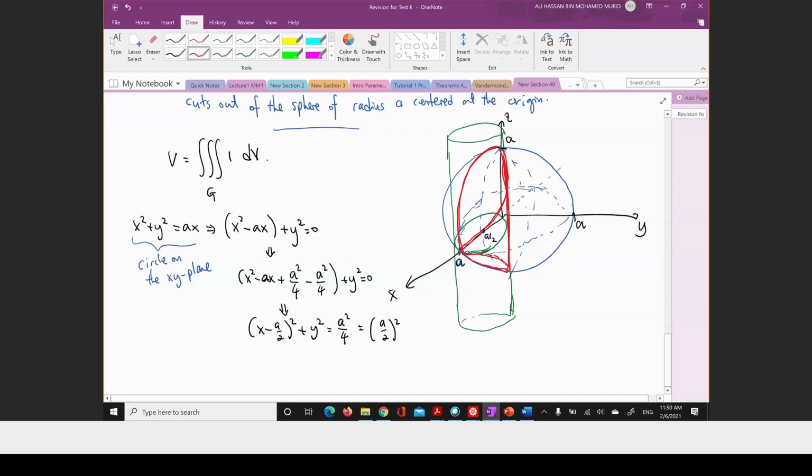This is the object G. Am I right? Maybe should go all the way up to here. So the object G is the one shown in red there.